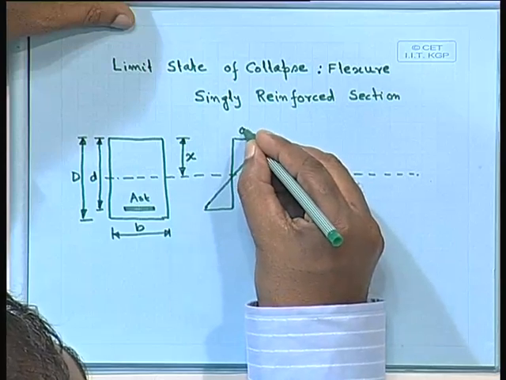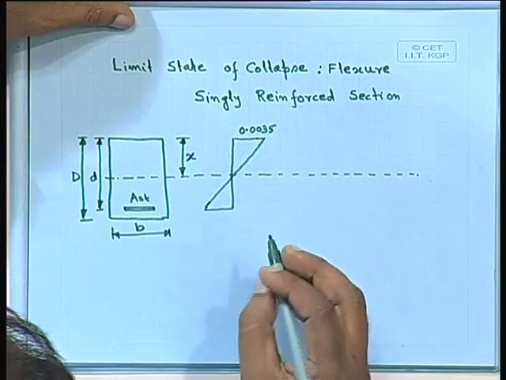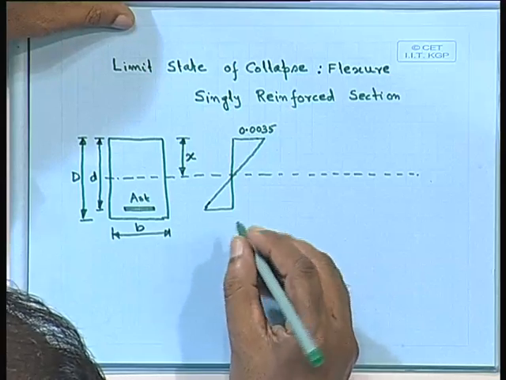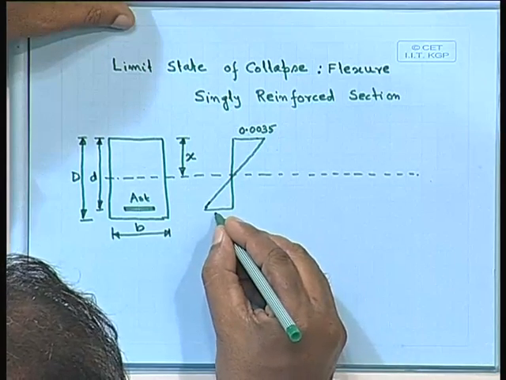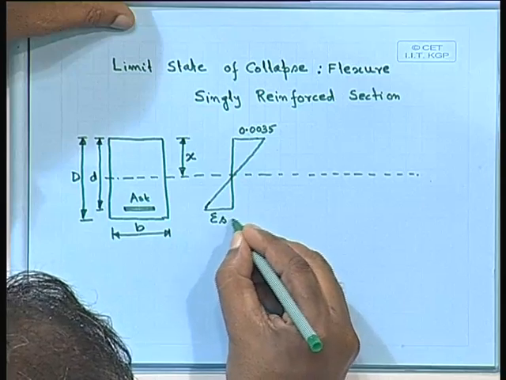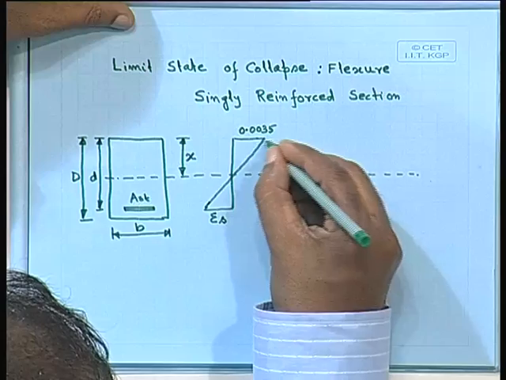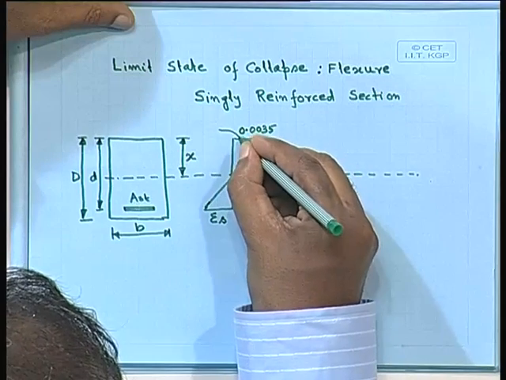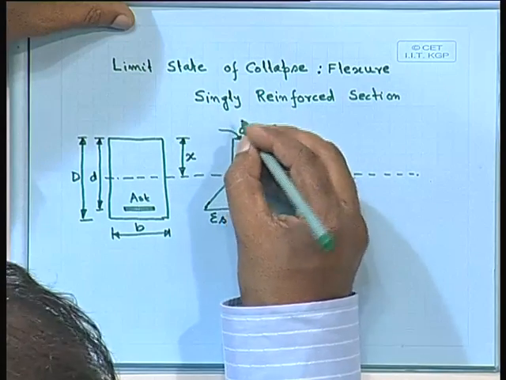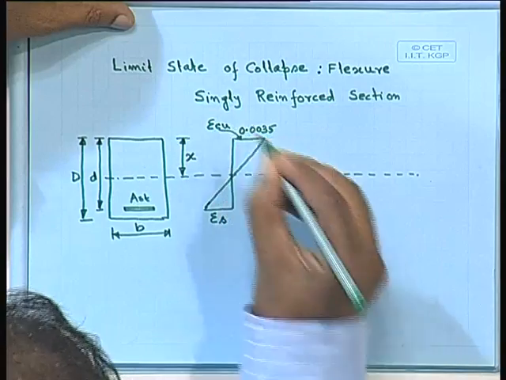This is 0.0035, and this value, say epsilon s, and this value epsilon cu.